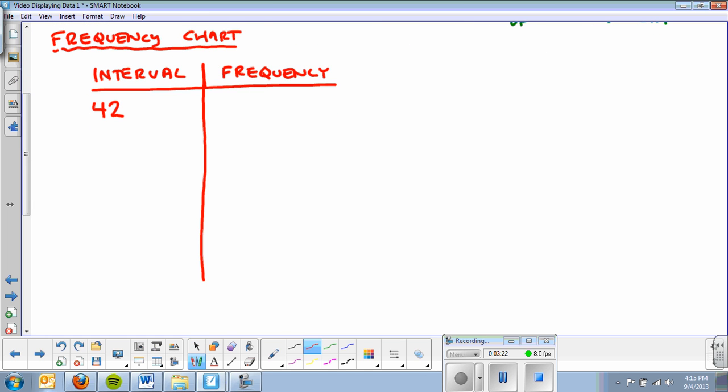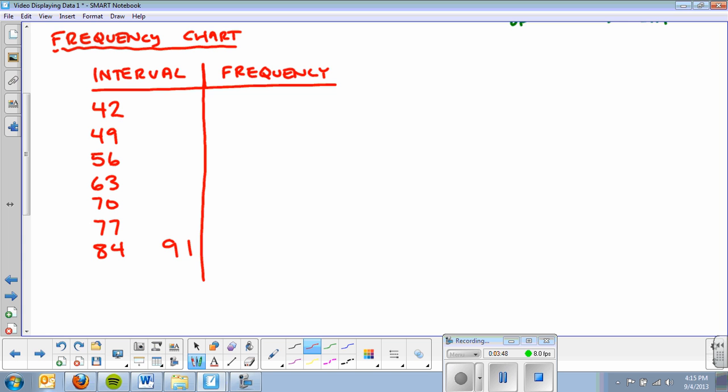So I'll end up with 49, 56, 63, 70, 77, 84, and then I have a number that's above that, so I'm going to write the last one here, 91. Actually, I'm going to put it right here. That's the very last one.